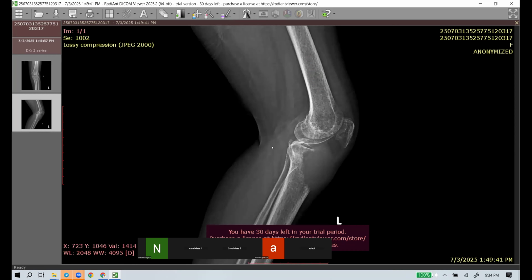So in the lateral radiograph of the knee, I can see that there is a large destructive lytic lesion in the anterior margin of the proximal tibia with a large soft tissue component. There is no significant matrix I can appreciate. And there is irregularity of the tibial margin.